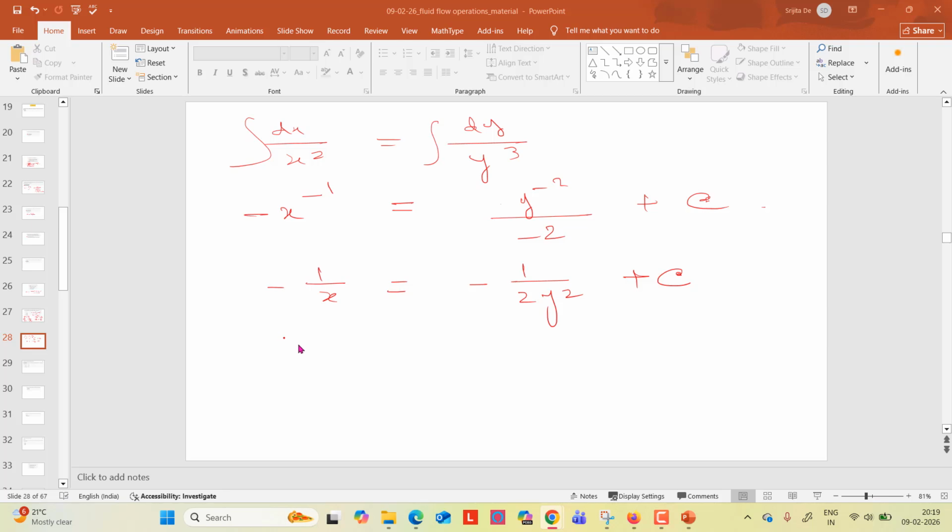So what is coming? 1 by x equals 1 by 2y square plus c prime, so 1 by 2y square equals 1 by x minus c prime.